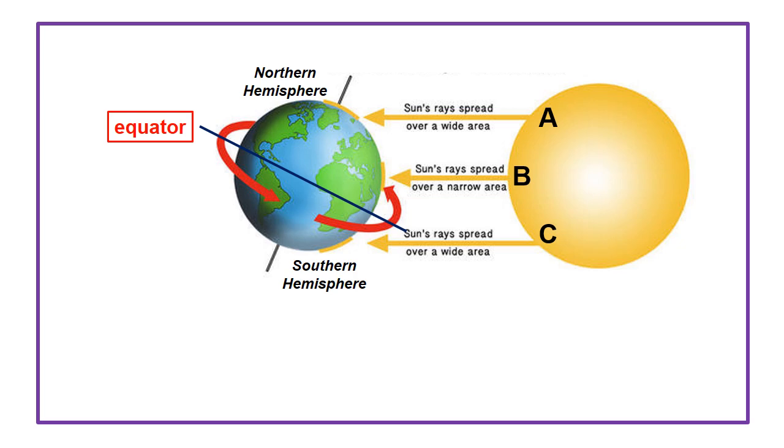That means it becomes weaker, thus lower temperature. While in B, the sun's rays spread over a narrow area. So that means it will have a higher intensity, resulting in a higher temperature. Now C is the same as A, wherein the sun's rays spread over a wide area.